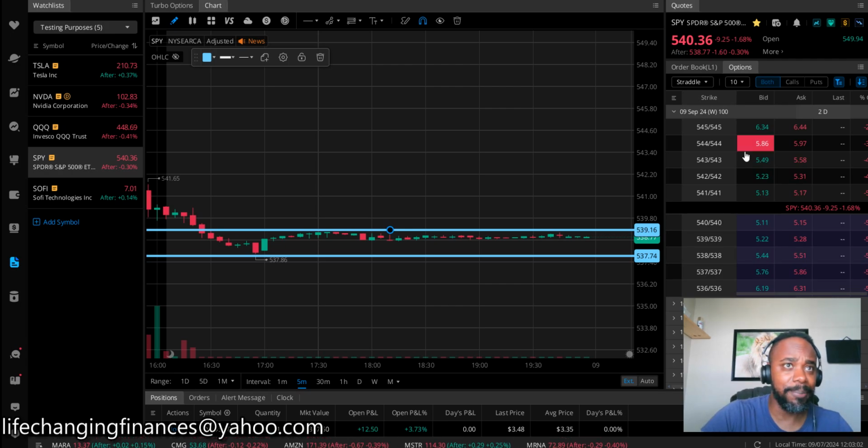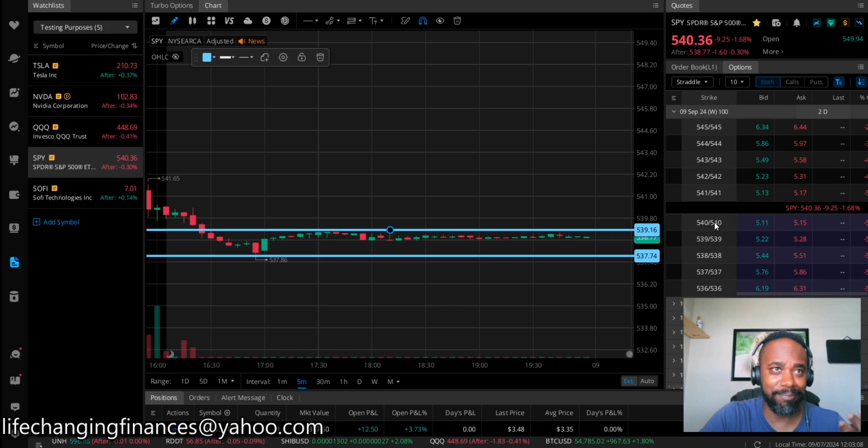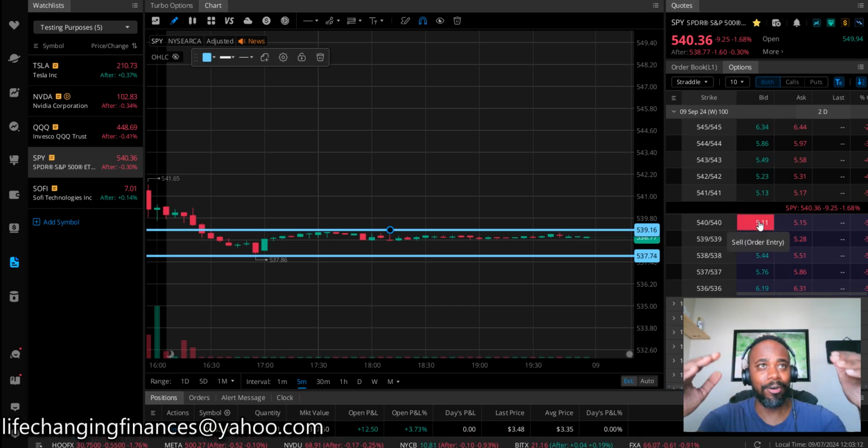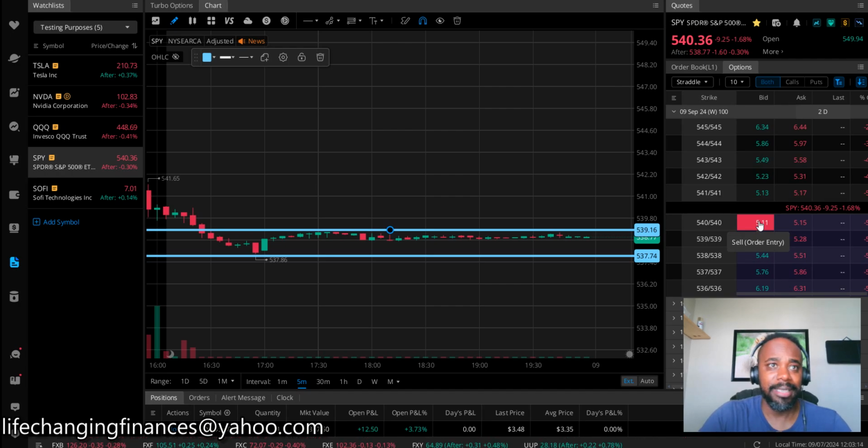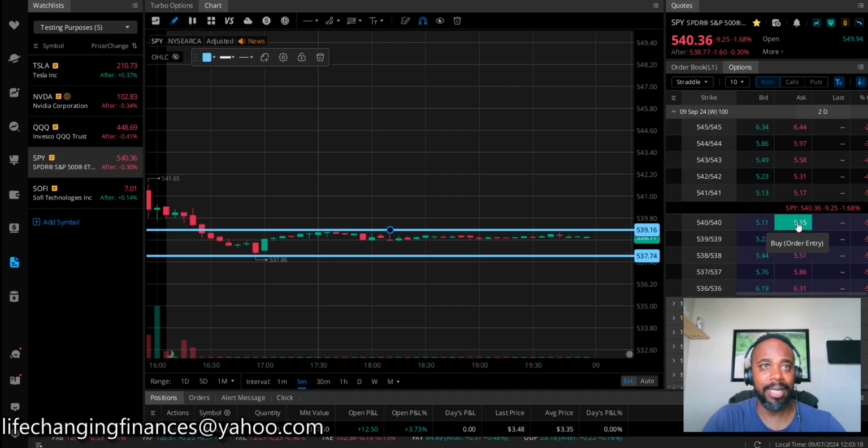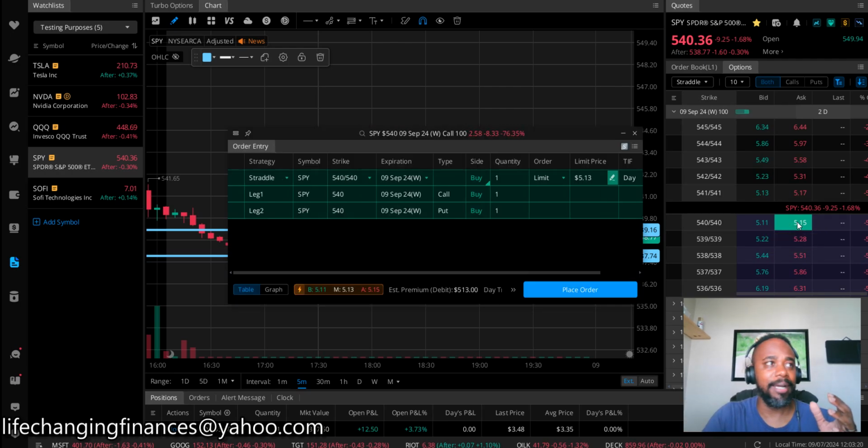For example, the current price is 540. So for me, I would go with something like this 540 strike price here, which is a call and a put. And so basically, you would go ahead and you would buy. And here's what happens.